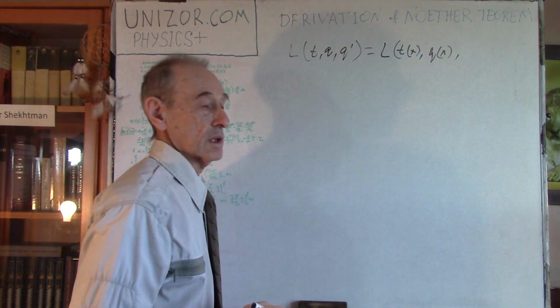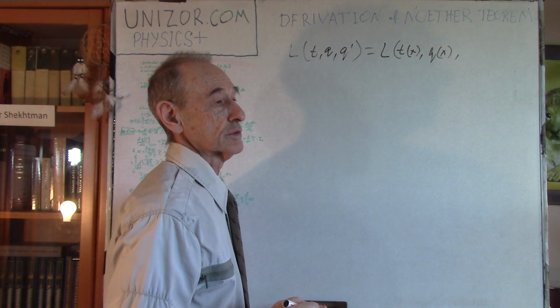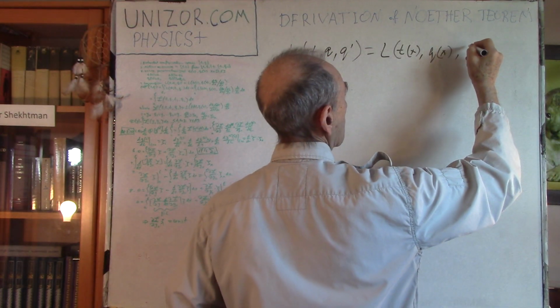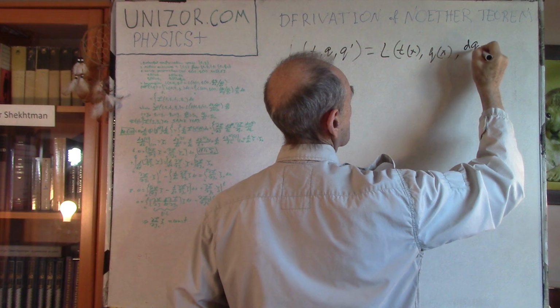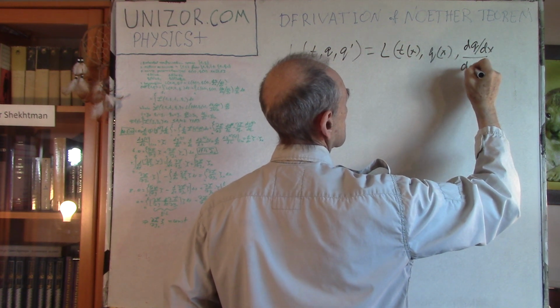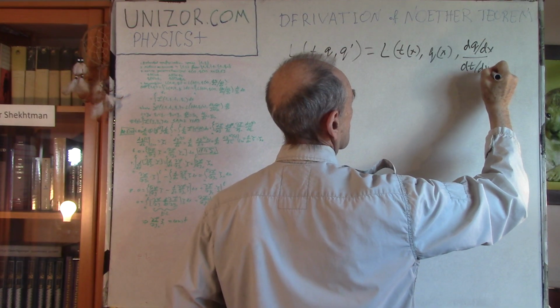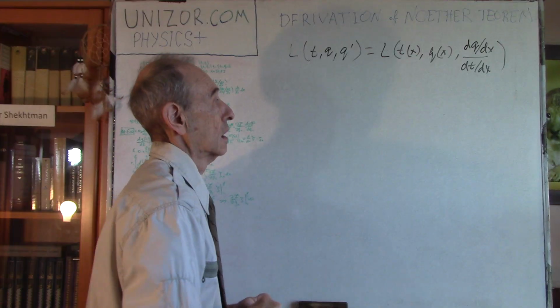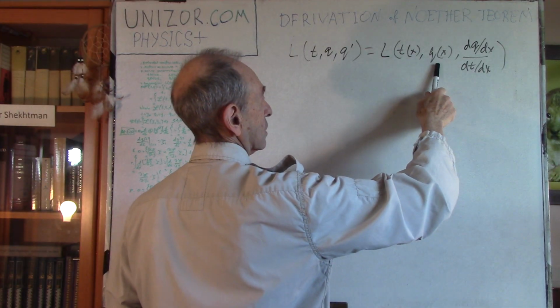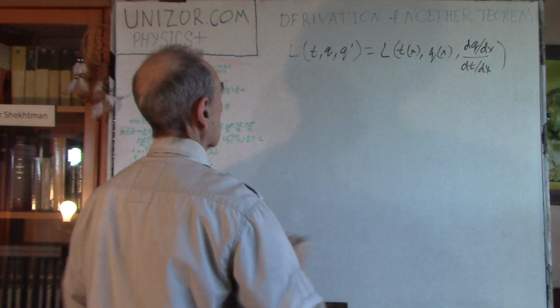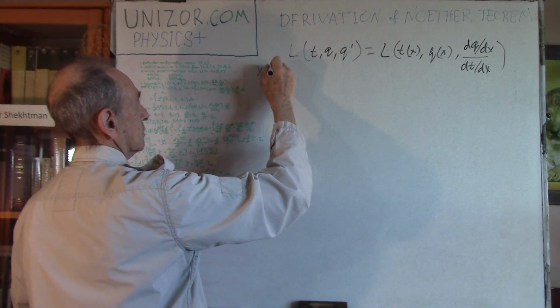The derivative of q by time can be represented as dq by dx divided by dt by dx, since t and q are functions of parameter x, which is from a to b.